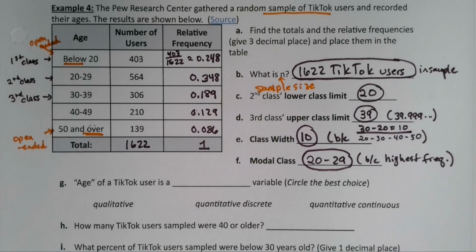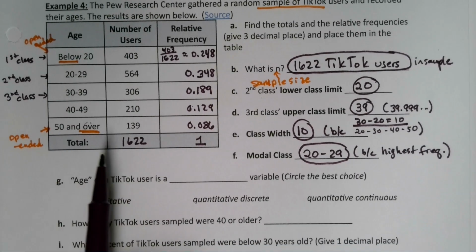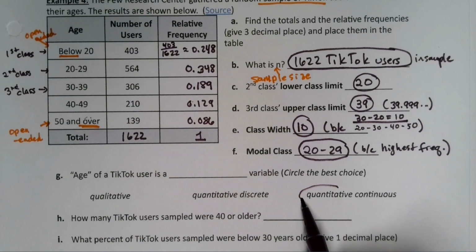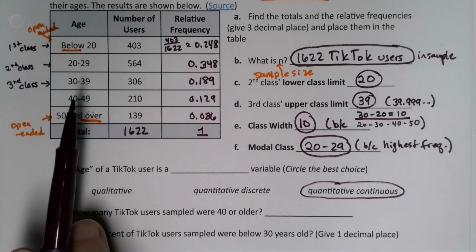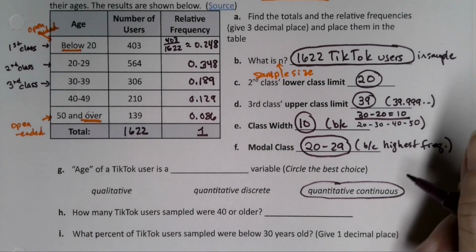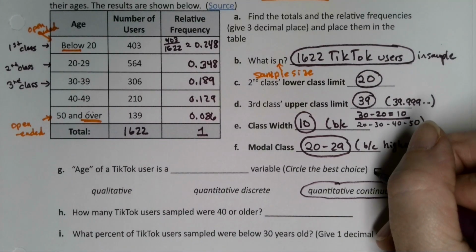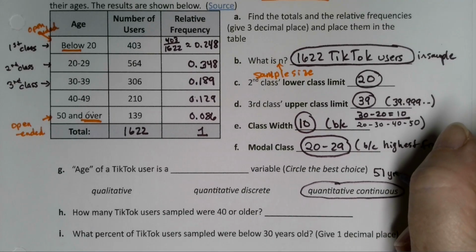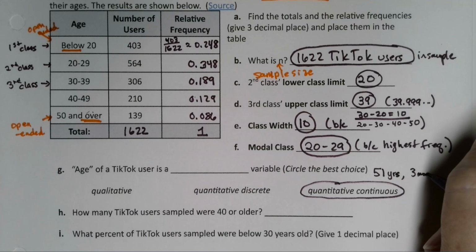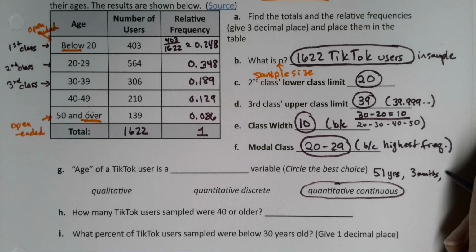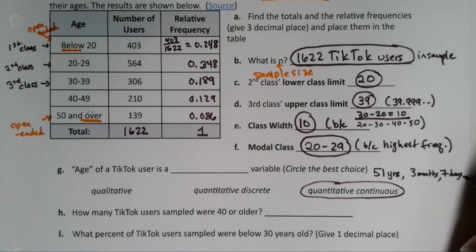Now, what about age? The age of a TikTok user is what type of variable? Well, age is always continuous. That's because you're not really the age you think you are. So when you say, for example, I'm 51 years old, but you're not. What you are is 51 years, 3 months, 7 days, etc. Right?